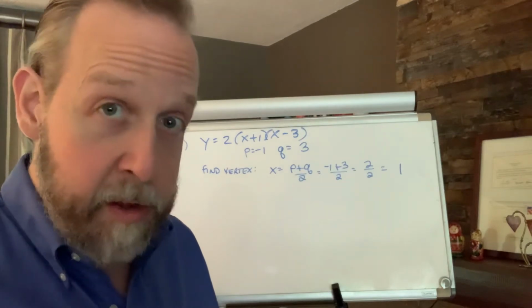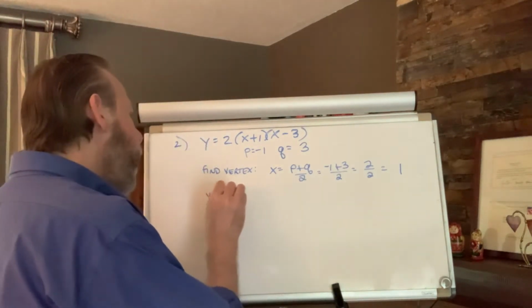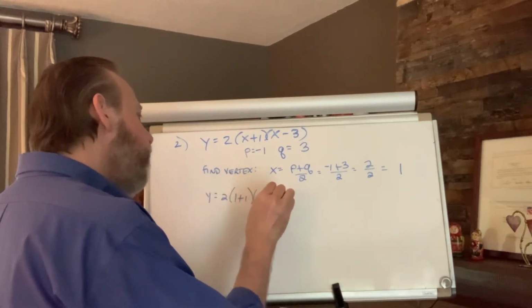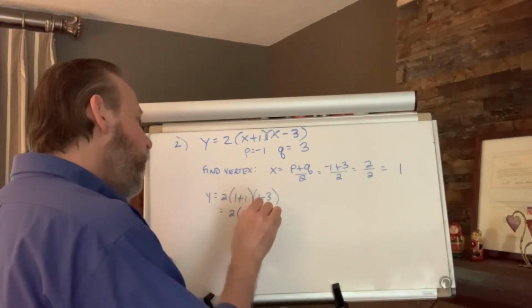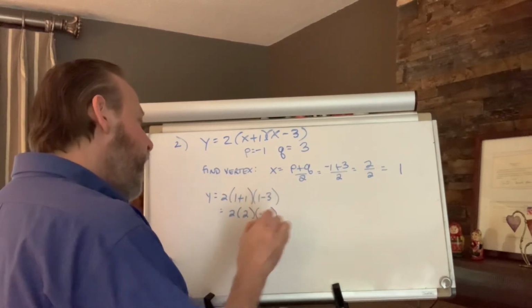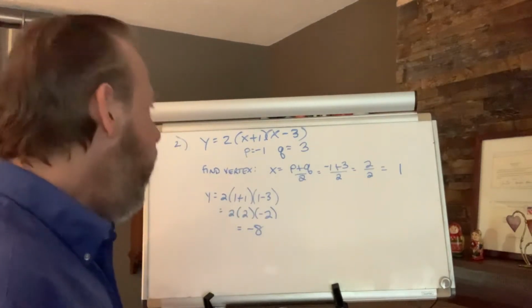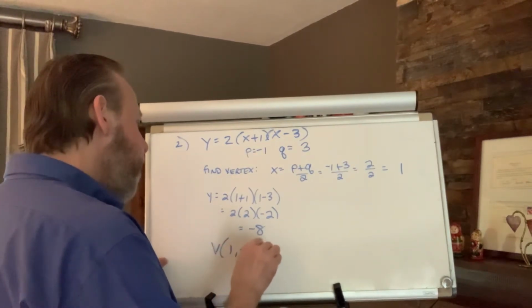Then we plug it into the equation to solve for the y value of the vertex. So y equals 2 parentheses 1 plus 1, 1 minus 3. Well, that's 2 times 2 times -2. And that's -8. All right, so my vertex is at 1, -8.